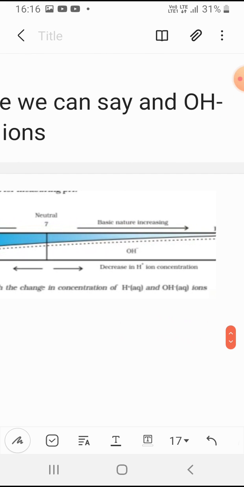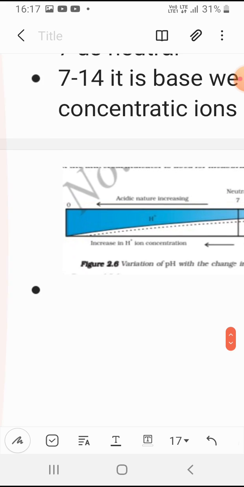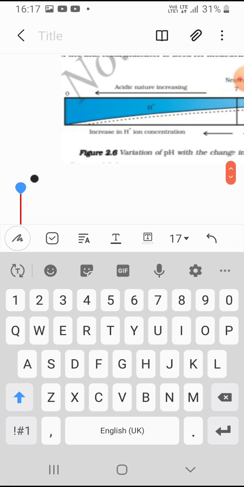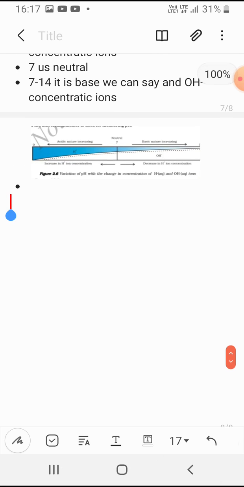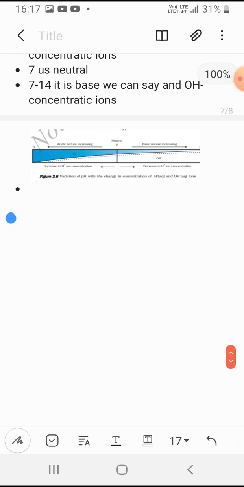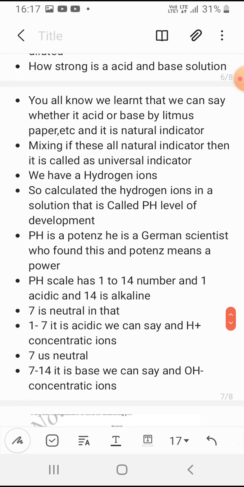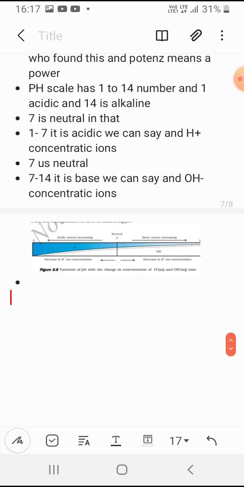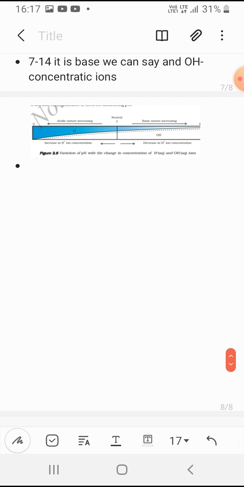And if you get any number from 7 to 14, then you can say it has a basic nature. So this power of hydrogen or universal indicator tells us whether it is strong, weak or neutral.